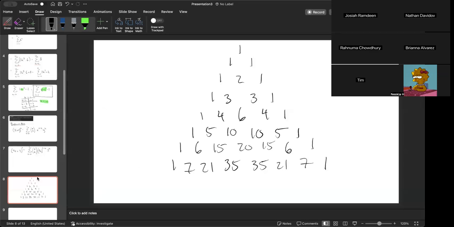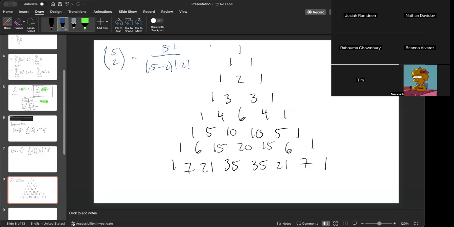Okay. So this is Pascal's triangle, and what it tells you is, let's say I wanted to figure out what 5 choose 2 is. We know that by definition this is 5 factorial over 5 minus 2 factorial times 2 factorial. Well, I don't necessarily want to do that computation.